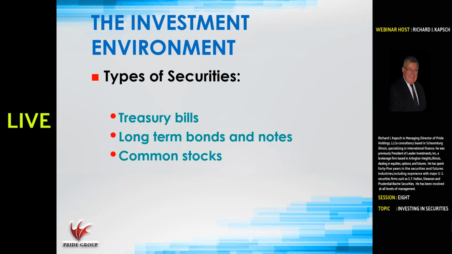So an investor investing in long-term bonds and notes would be interested in getting his principal returned at the end of the period, but between the time of investment and the time of maturity, he gets paid interest payments. Notes generally have a maturity of between 1 year and 10 years. Bonds are generally over 10 years.